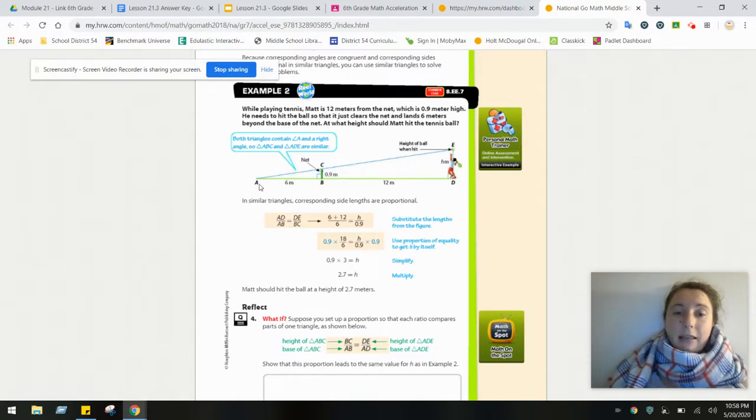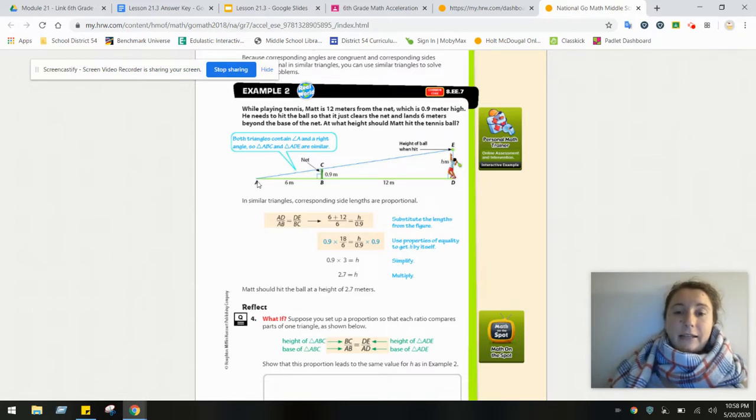We can set this side length of AD, the entire figure, over AB, and set it equal to the heights, DE over BC. So we're always going to put the larger length above and the larger height above, and then the smaller ones below, in the denominators.